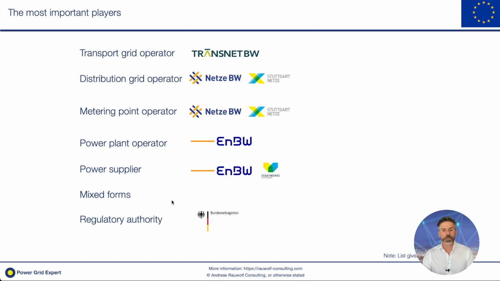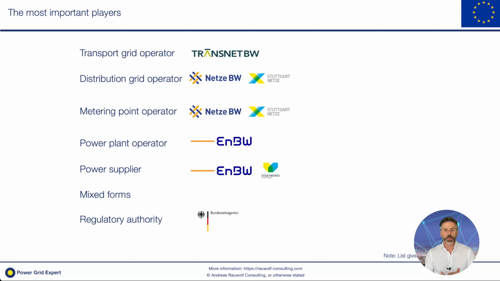What we can see here is there's lots of different companies. As a private person, you might only have contact to your distribution grid operator and to your power supply company, and nobody else. And in former times, if you look back like 20-30 years here in Germany and in Europe, this was all one big company having the monopoly over the generation, the transport, the distribution, and the end customers.